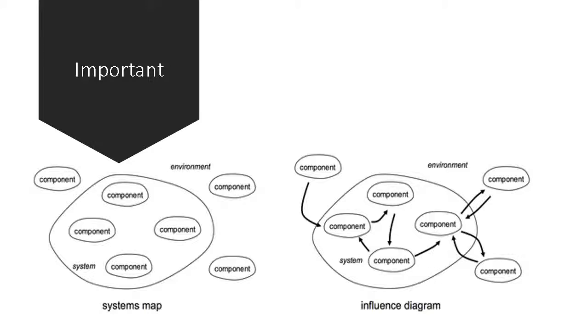So remember that we said it's the strength, the nature, and the frequency of interactions that create the system and subsystems. So if you look at the left-hand side, you can see there's a system with a boundary around it. There are components within the boundary, and there are components outside the boundary. It's sometimes very important to know exactly which system you're looking at.